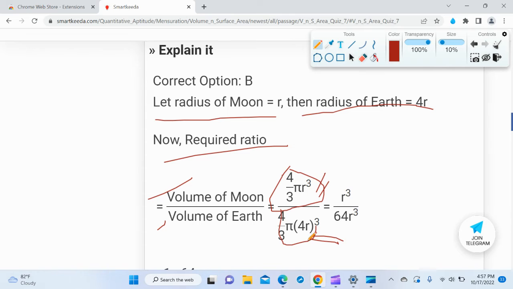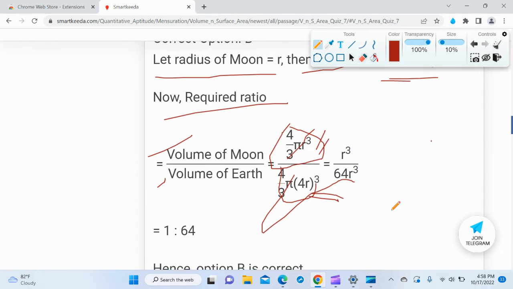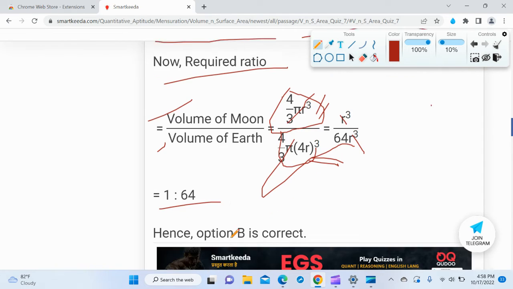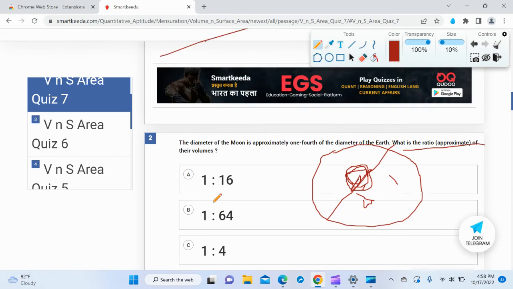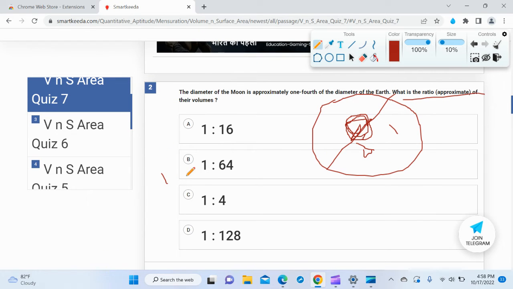Here the radius is r, and here the radius is 4r. So basically all this will cancel, and finally we will have r cube by 64r cube, so it will be 1 is to 64. The ratio is 1 to 64, so option b will be the answer.